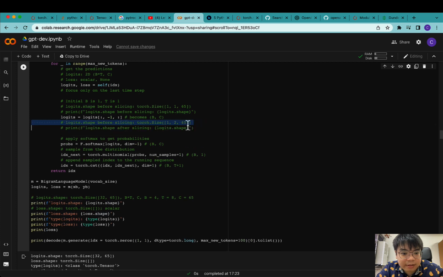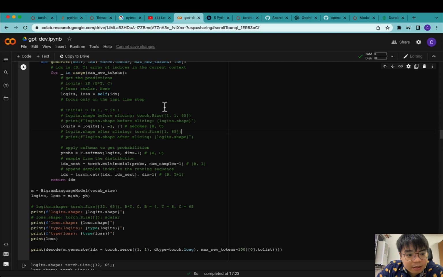This is the one, the shape after slicing. Okay. So we are removing the second dimension, are we? So we are changing this to become B, C. Before this was 1, 1, 65 and this becomes 1, 65.